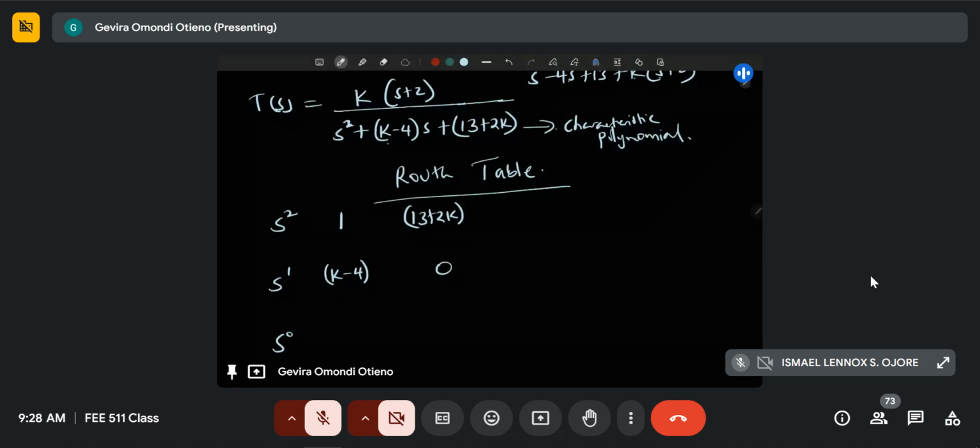So then how do you solve for S to power 0? Remember, the rule says you start with a negative of, because I'm cross multiplying, 0 minus K minus 4 times 13 plus 2K.